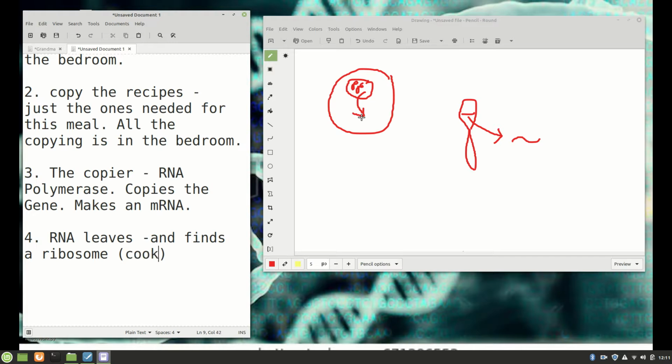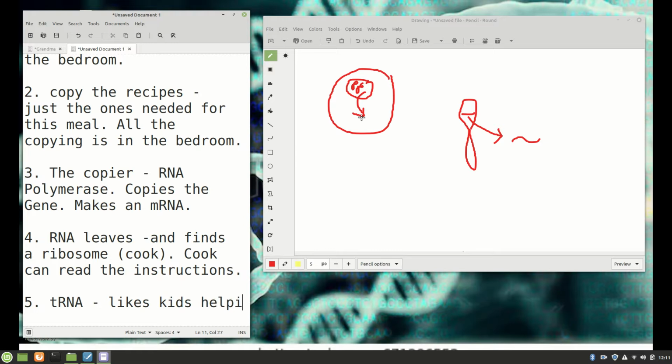The cook then reads the instruction. Well, you need ingredients, and we're going to call something tRNAs. They're like your kids that are helping you cook. They're going to bring you the ingredients.